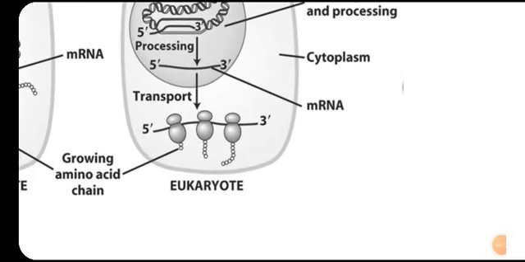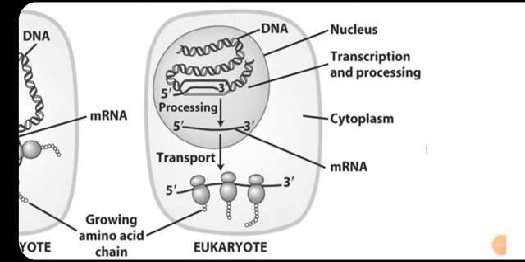In case of eukaryotic cell, similar events are there. Only the difference is that in case of eukaryotic cell, there is a compartment. This compartment is called the nucleus, and this nucleus contains double-stranded DNA with free ends. So similar to the earlier process, what we have seen in case of the bacterial cell, the first step is transcription. As a result of transcription, RNA polymerase binds to this DNA, and one of the DNA strands is used as a template, and that leads to formation of mRNA.